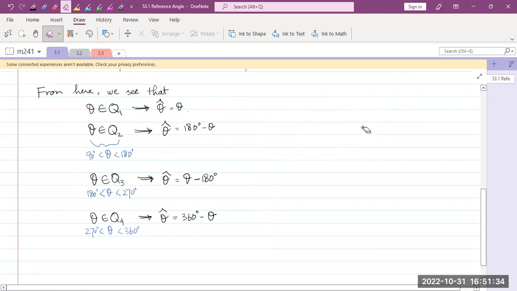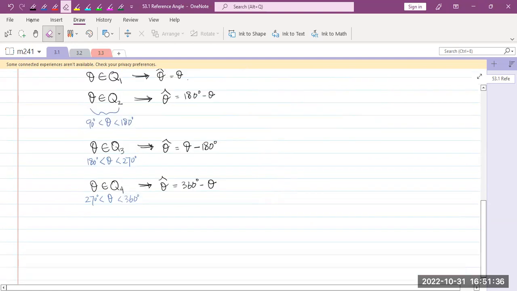Now, why do we need to study this? Because we have what our textbook calls the reference angle theorem, which says the following.